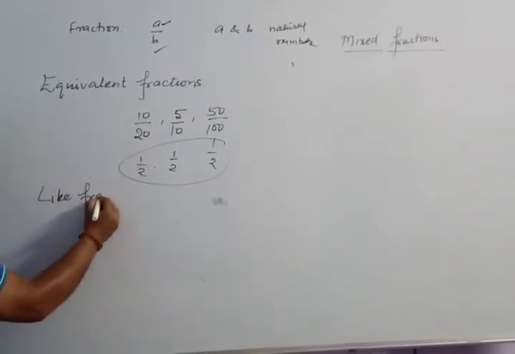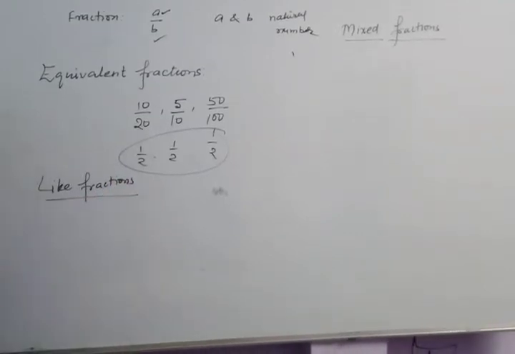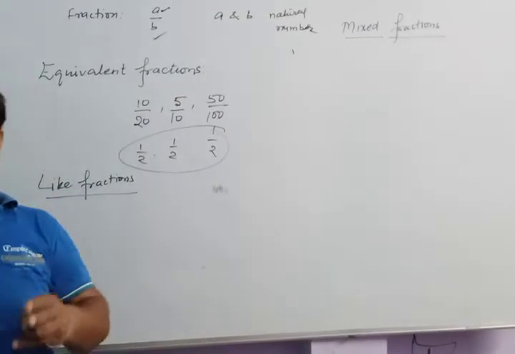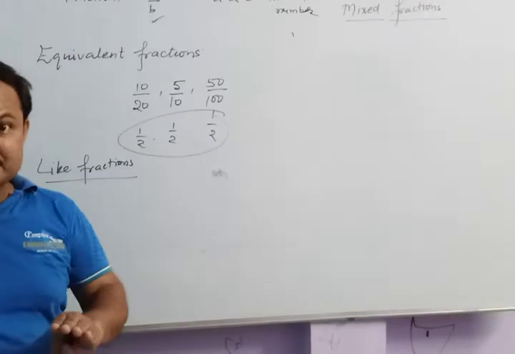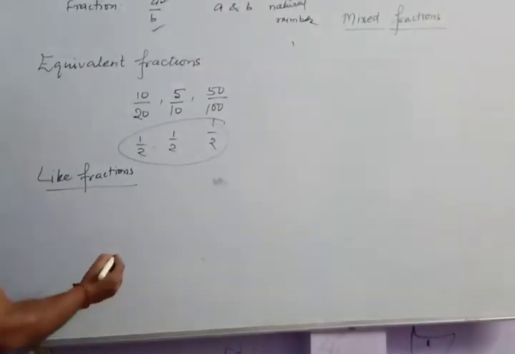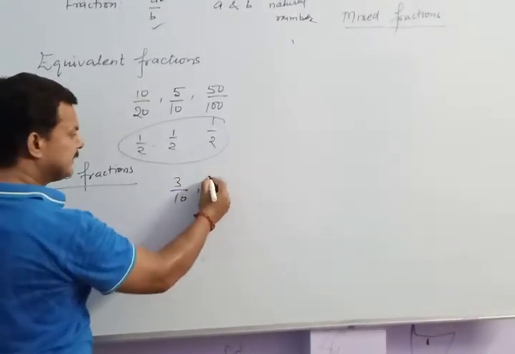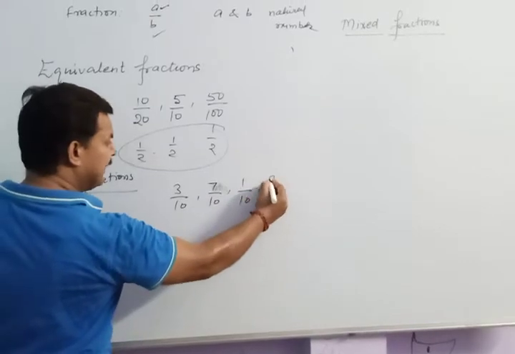Like fractions. The fractions, meaning two or more than two, whose denominators are the same but numerators are different are said to be like fractions. For example, I have written 3 by 10, 7 by 10, 1 by 10, 9 by 10.